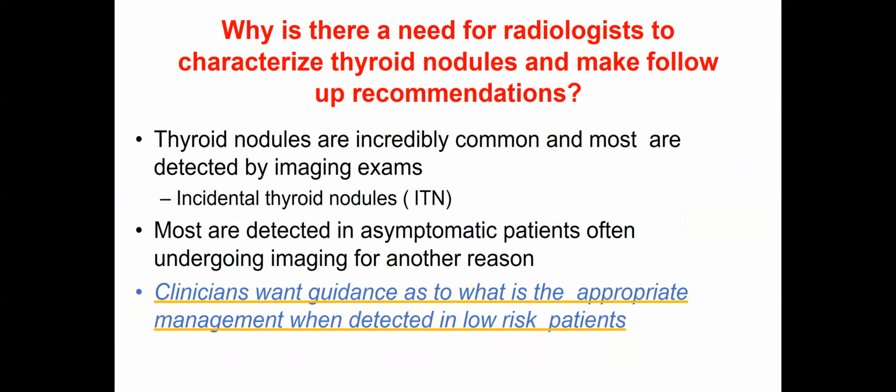Now, why do ultrasound? As I pointed out, ultrasound provides guidance for the clinicians on which nodules to biopsy, and I think that is very, very important. It defines which ones are low risk and which ones are high risk. So the clinician and the patient, as well as the radiologist, can work together on which nodules to biopsy.